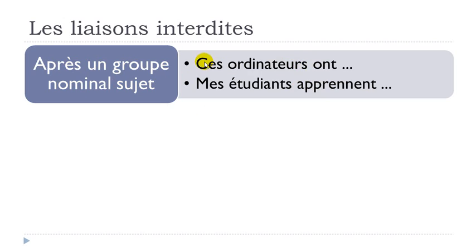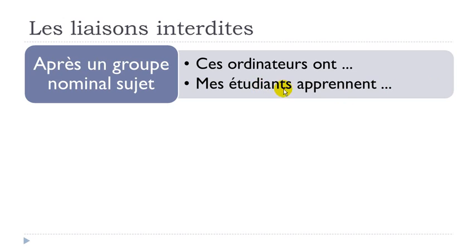So in that case, it's not a first name, and it's not a pronoun, je, tu, il, etc. But it's a word or a group of words. And in that case, you don't make a liaison after this groupe nominal. So in that case, ces ordinateurs, you don't make the liaison between this word and the verb that will come after. Okay? Ces ordinateurs ont, and the sentence continues. Same thing here. Mes étudiants apprennent. And the sentence continues.